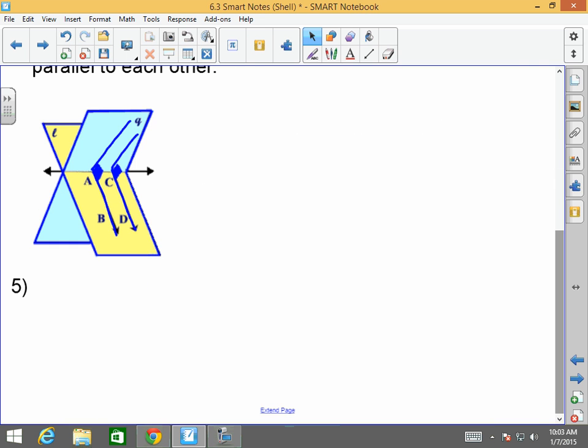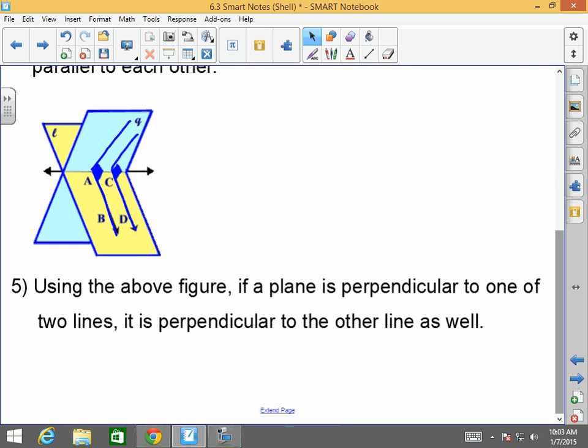Number five, it's kind of the converse. Using the above figure, if a plane is perpendicular to one of two parallel lines, it is perpendicular to the other line as well. My bad.